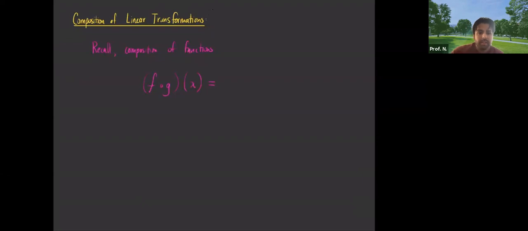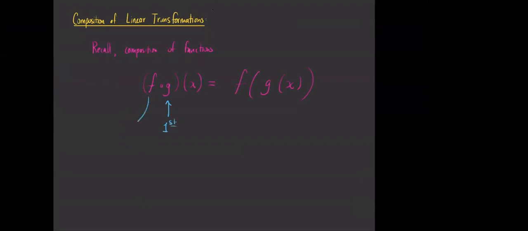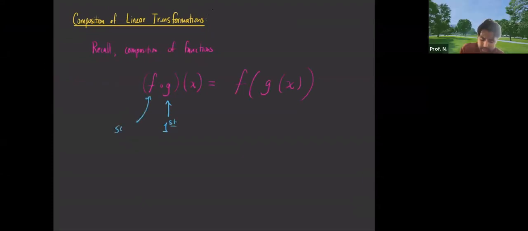Composition of functions, right? So that's right. This means F of G of X, right? So what comes first? G is first, right? And then F is second. So it's like saying I got an input. I apply G to it first.